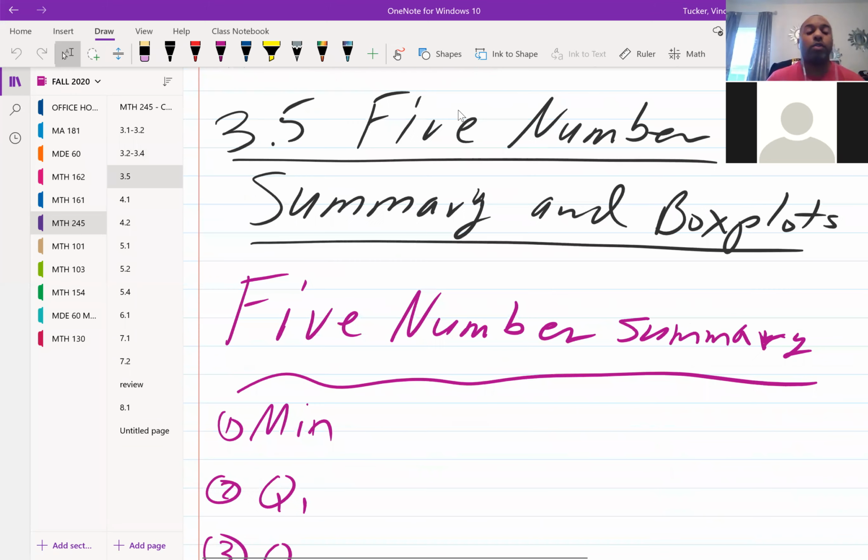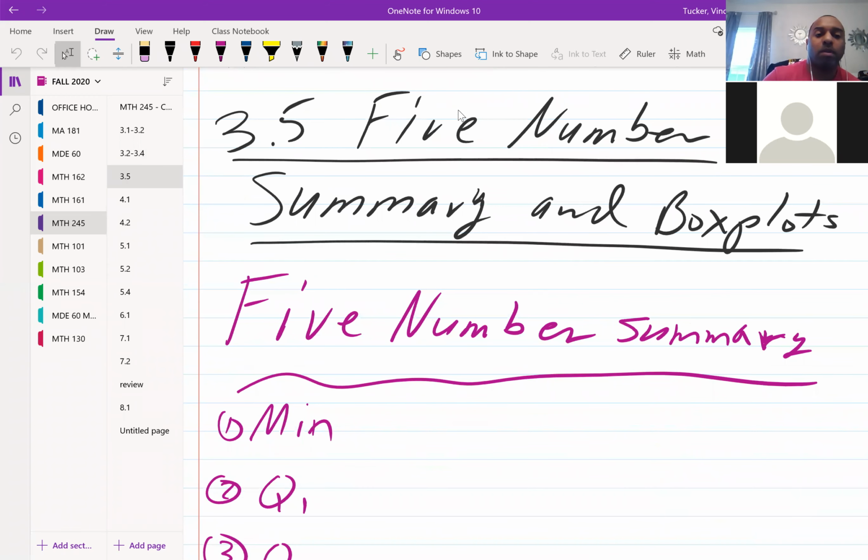All right, so the only difference between 3-4 and 3-5 is that 3-5 discusses the 5-number summary and the box plots. But in order to get to the 5-number summary and box plots, we have to follow the same thing we just did out of 3-4.